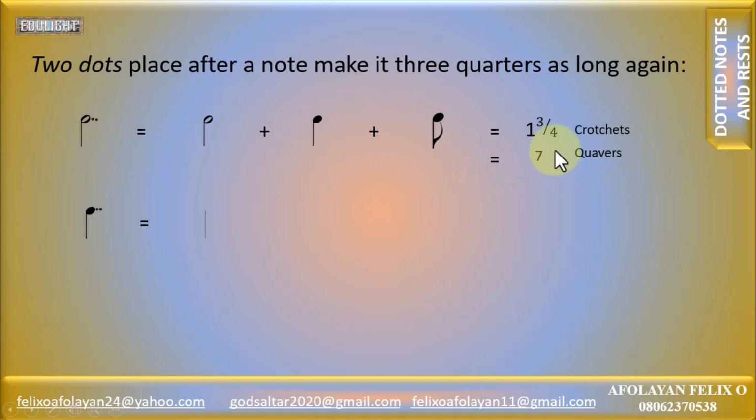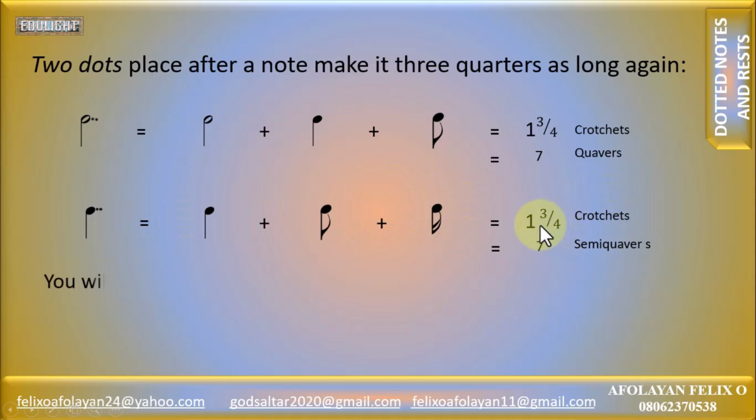That's what we have here. Let's take a look at the table. 2 dots placed after a note make it 3/4 longer than that note. And you can also see here, this is 2 dots on a note of crochet, and its value will be this.